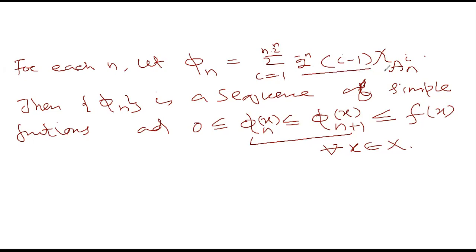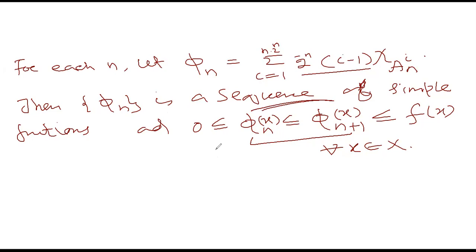And if x is not in any A_{n,i}, then its value is 0, but f is a non-negative function, so again 0 is less than or equal to f(x). So for each x in X, phi n of x is always less than or equal to f of x. That's trivial, and the monotonic increasing part I leave as an exercise for you.